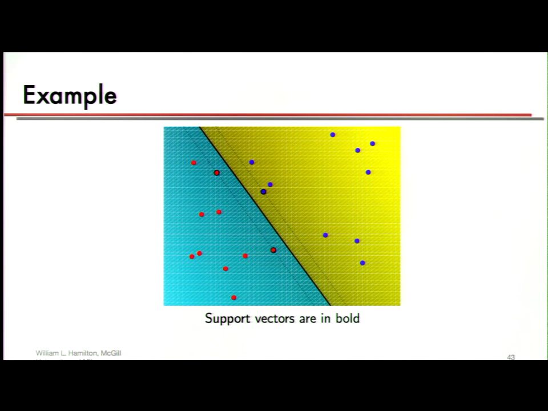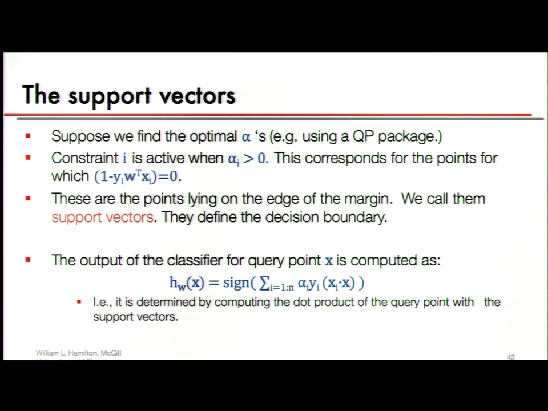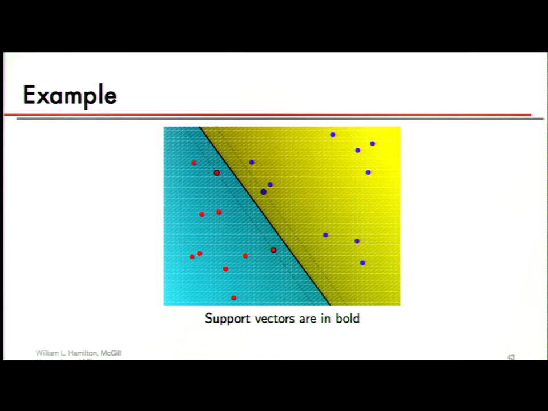And here, only these bold points, only these points lying right on the margin, are the support vectors. So our entire model is just these 3 points along with the weights associated with these points. We have 3 support vectors in this example, and we have some alpha i's associated with them, and that is what's specifying our entire model.